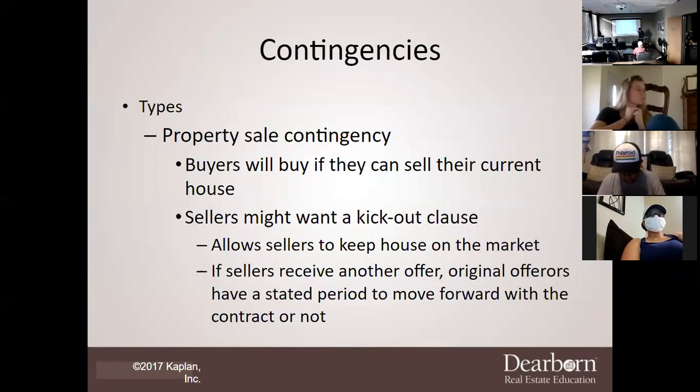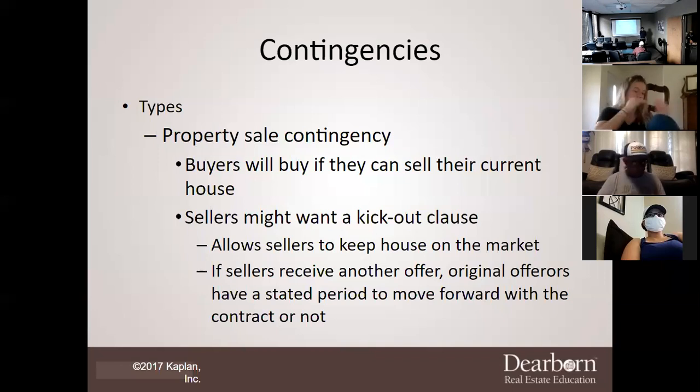So the buyers will buy if they can sell their current house, like I said. Sellers might want a kick-out clause, which is a big one. A kick-out clause allows the seller to force the waiver of the contingency, or we go with another offer.